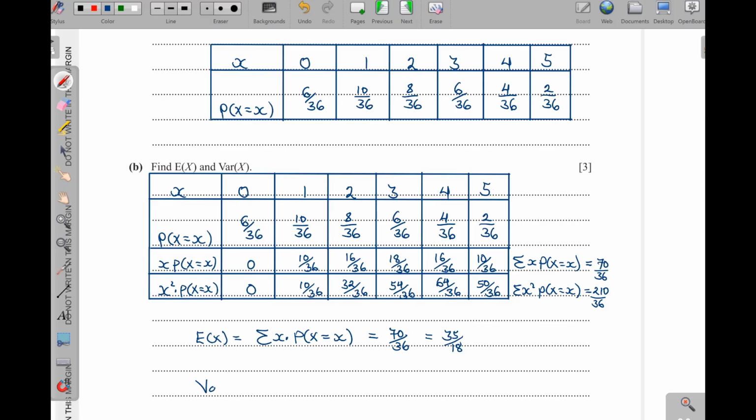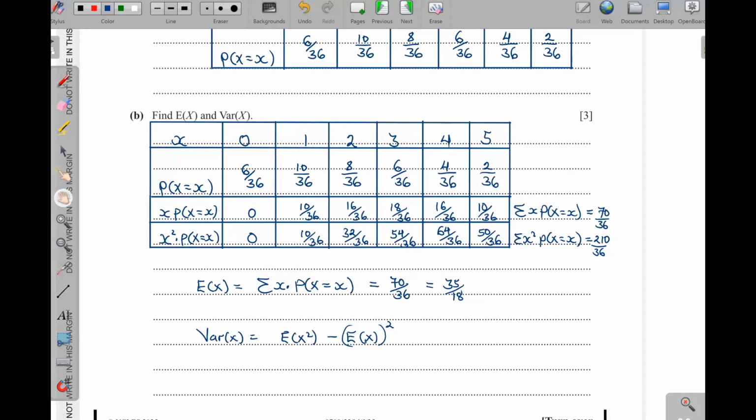And then the variance of x is equal to the summation. We actually get E of x squared, then minus E of x, bracket squared.